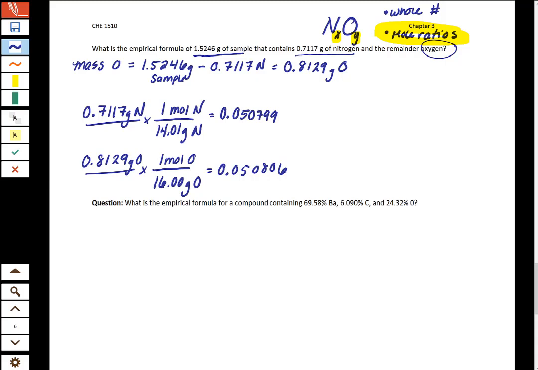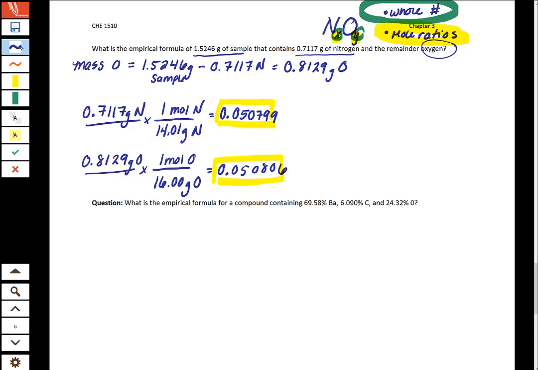So notice how we also said that the numbers of X and Y needed to be whole numbers. And here what we have is definitely not whole numbers. So we need to find a way to make those whole.